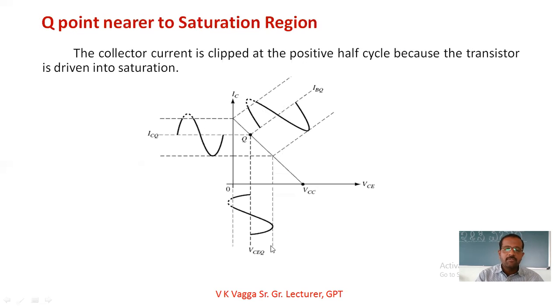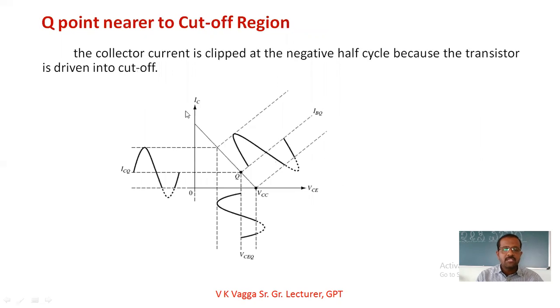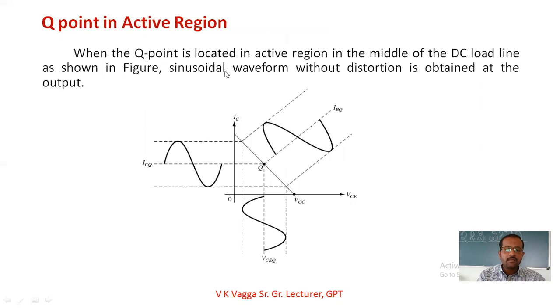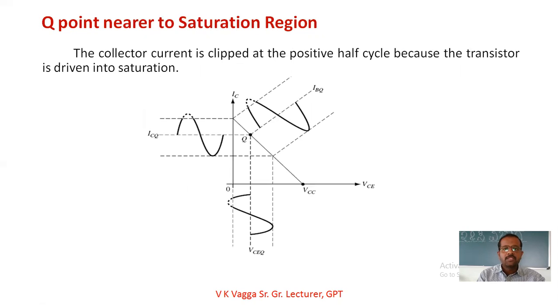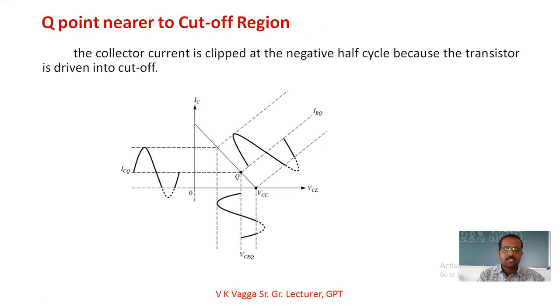If it is nearer to saturation, it clips the positive part of the signal, and if it is nearer to the cutoff region, it clips the negative part of the signal. This is about the operating point chosen in the active, saturation, and cutoff regions.